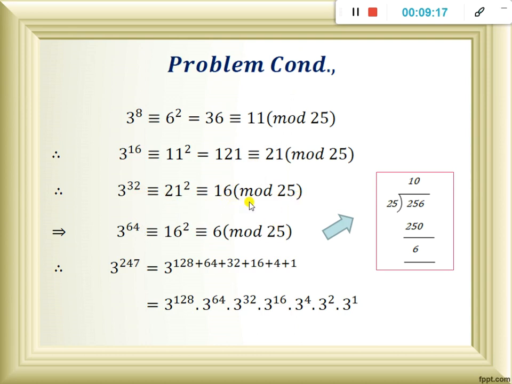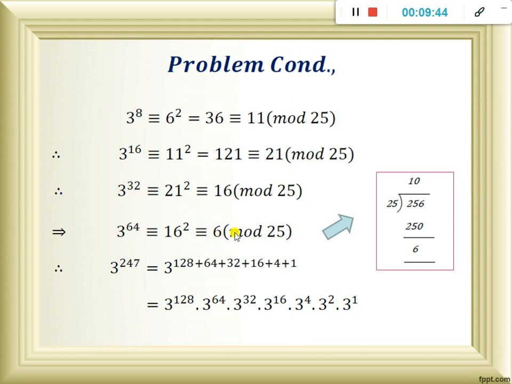Again here subtract 16 minus 25, what will come? Minus 9 will come. While we are squaring, 9 square is 81, and dividing 81 by 25, the remainder is 6. Some steps are skipped here because we did the same problem in our previous slide also. So just square this number, divide by 25, you will get remainder 6.